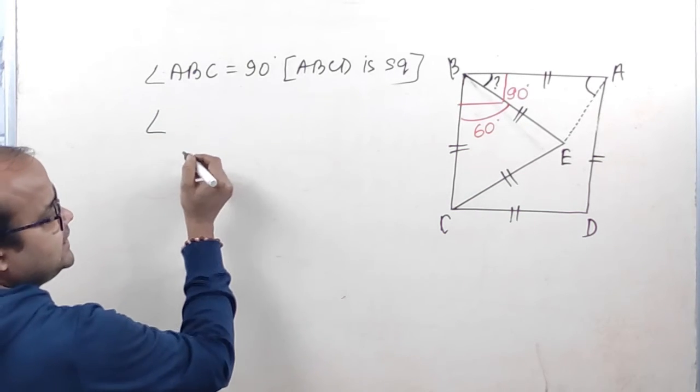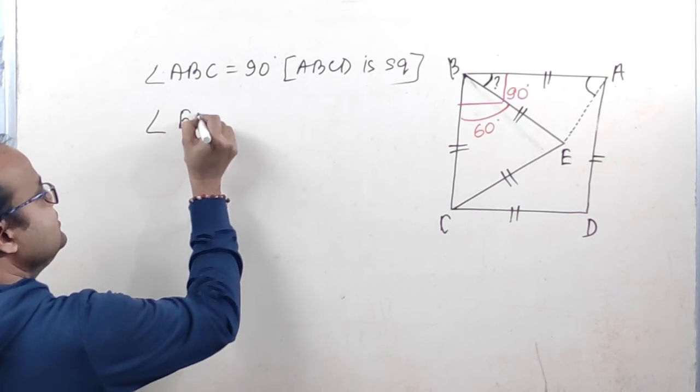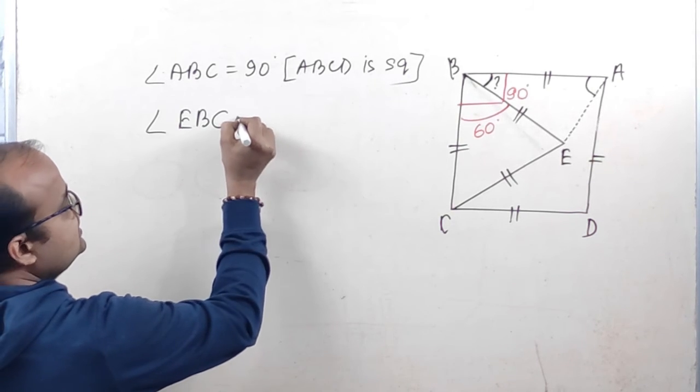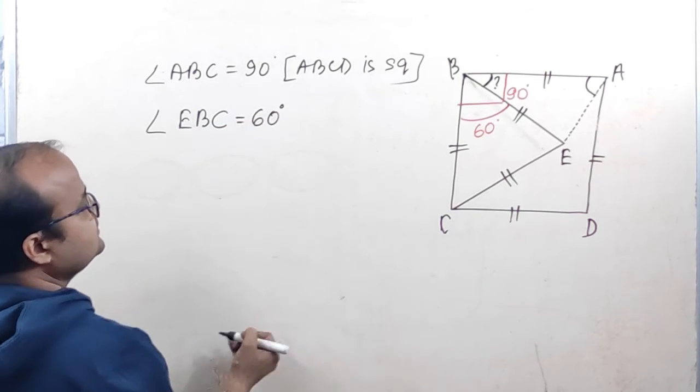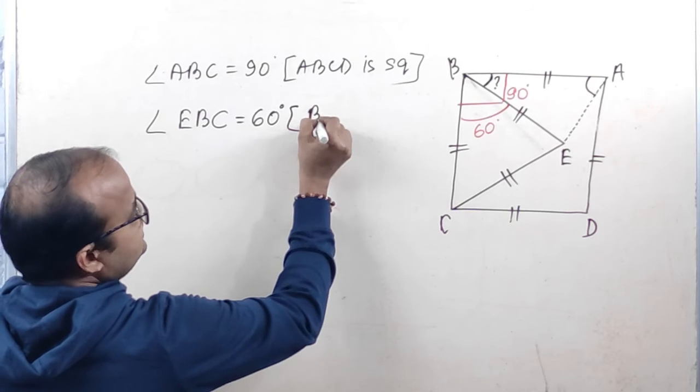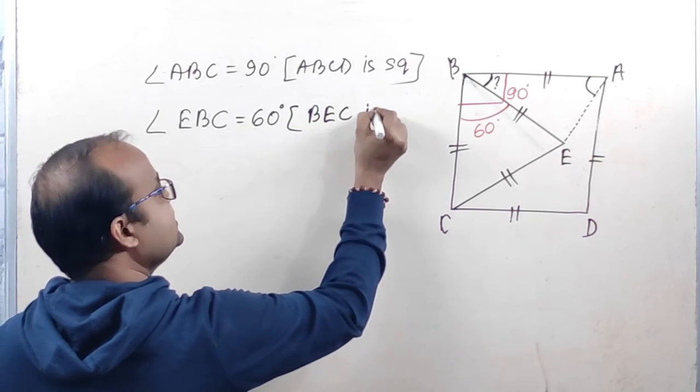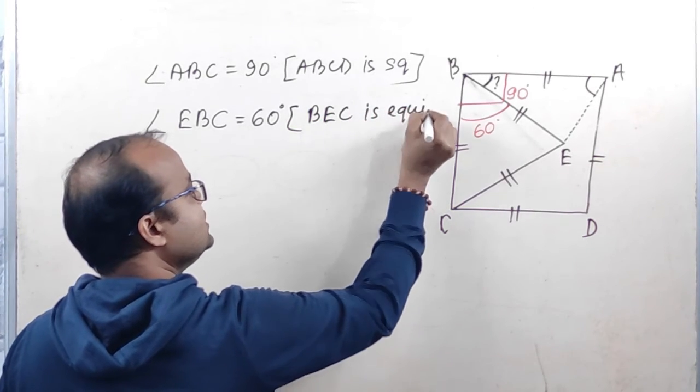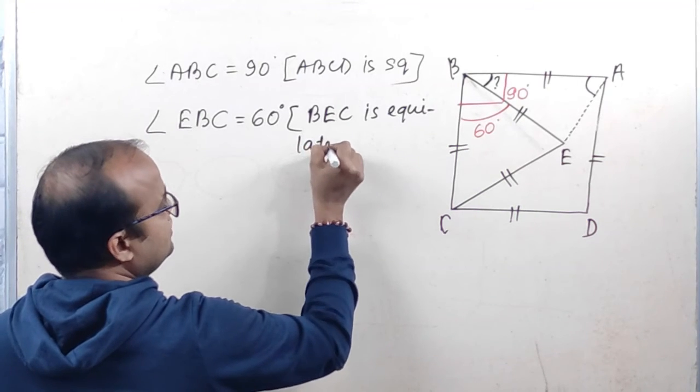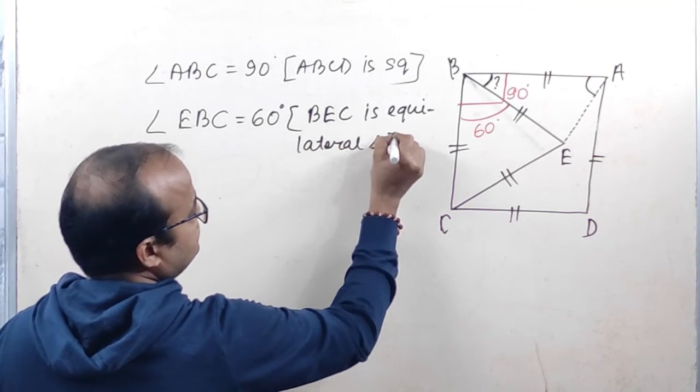So we write angle EBC equals 60 degrees since BEC is an equilateral triangle.